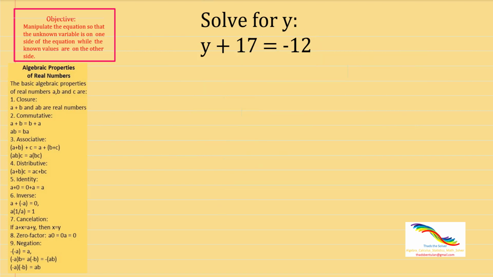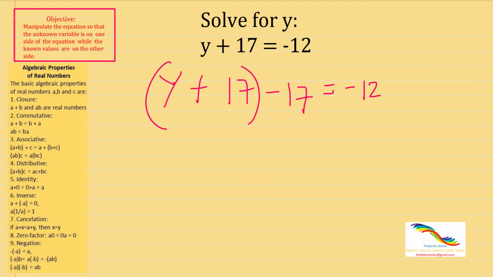So let's write y plus 17 minus 17. That means this entire thing here is subtracted by 17, equals negative 12 minus 17. When you simplify, this is simply y on the left hand side of the equation, because positive 17 minus 17 is 0.